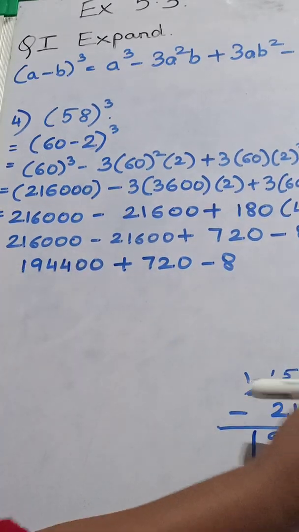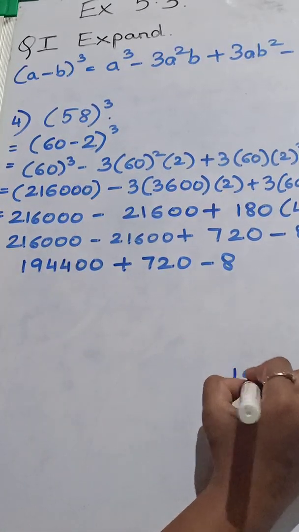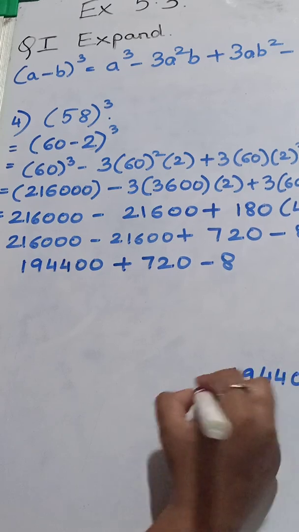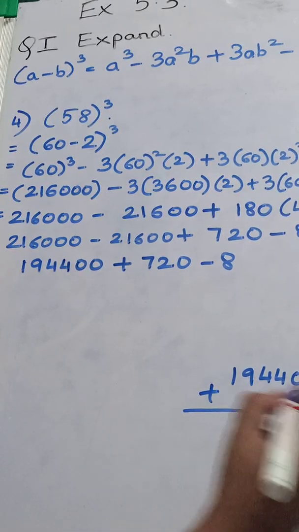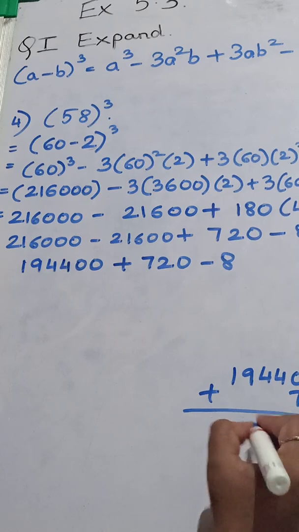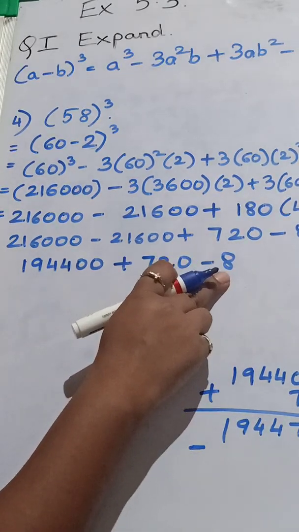So with this answer, we are going to now add 720 to it. So 194400 plus 72. So it will be 724491. Minus, we have to do 8, that is there.